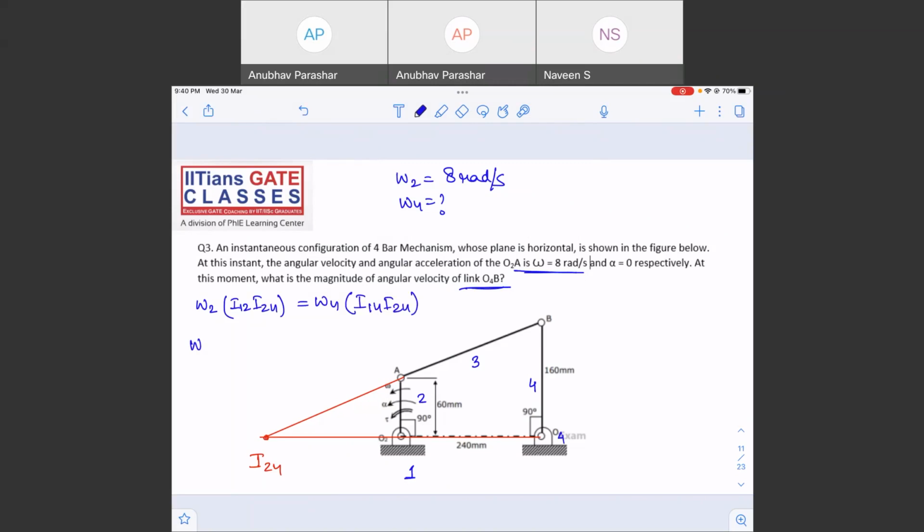So what is omega 4 now? Omega 4 is equal to omega 2 multiplied by I12 I24 divided by I14 I24. Right?